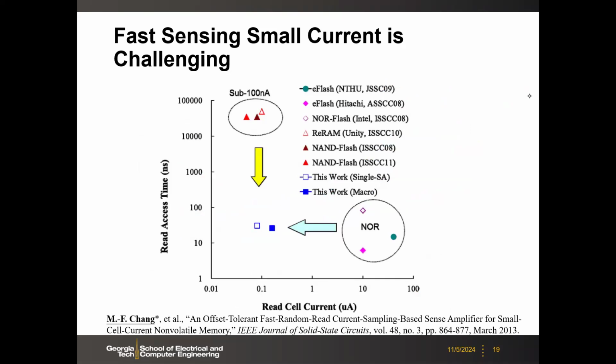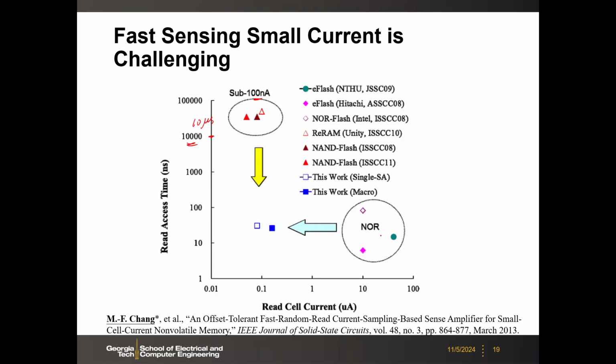Each transistor contributes to the R of the memory cell. So the resistance is high, or in other words, the readout current is very small. Typically, it's like in this level, 100 nanoamp. So that's why typical sensing speed for the NAND flash is 10 microseconds or above.